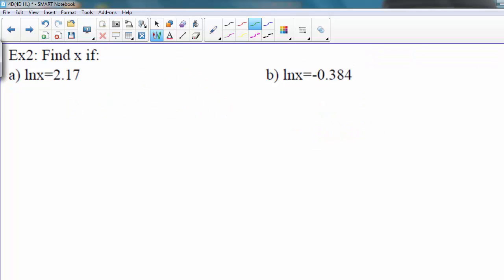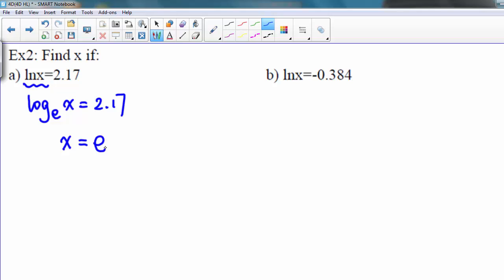Okay, right now let's look at how we can find the x values in ln equations. Ln x equals 2.17. This ln is actually a base e log. It's the same as log x in the base e equals 2.17. If I want to find this argument value, I can change this log form to the exponential form.